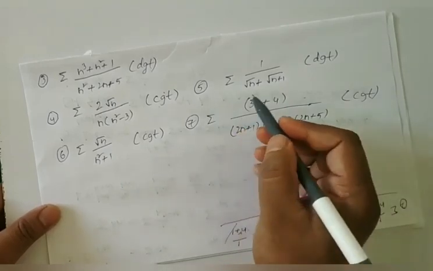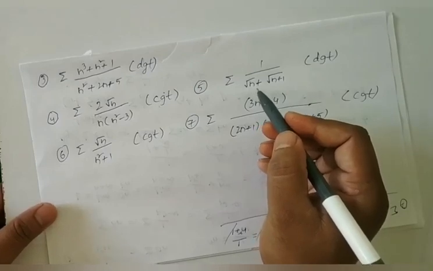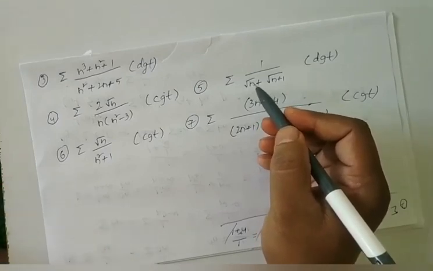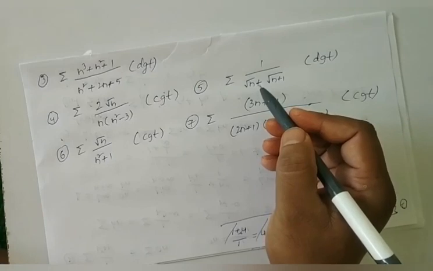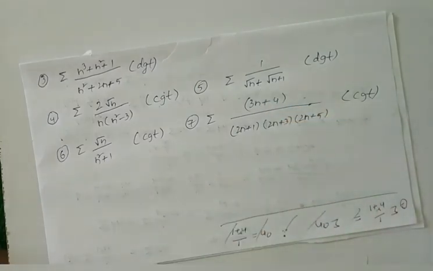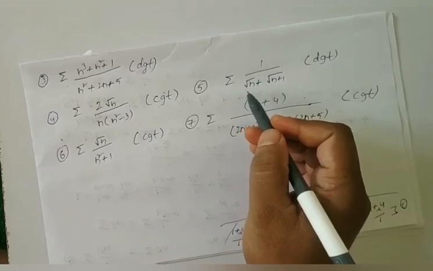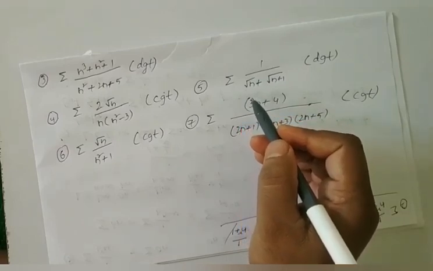In the fifth one, what is the other function we have to choose? Please think. In the fifth one, what is the highest power of the denominator?